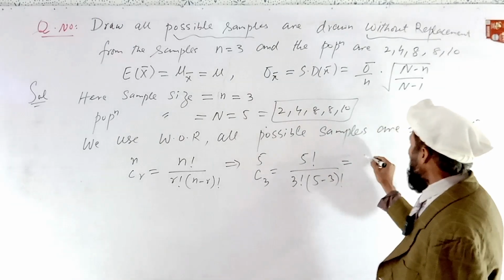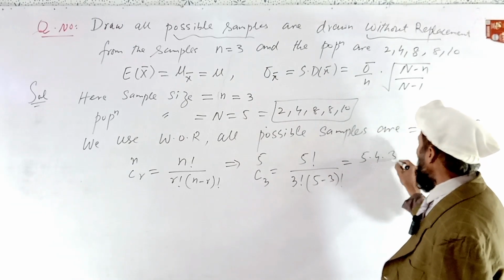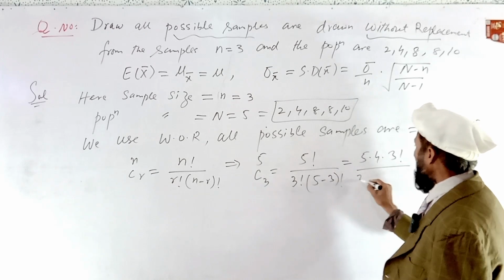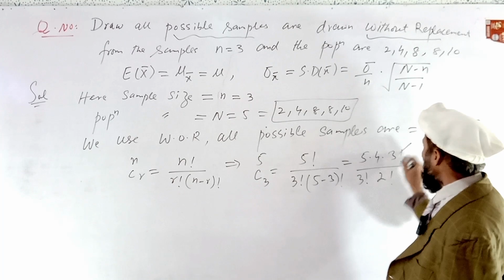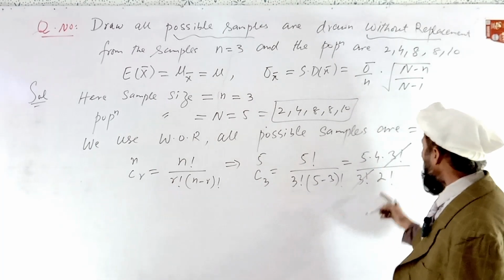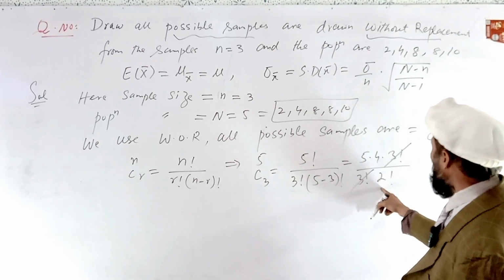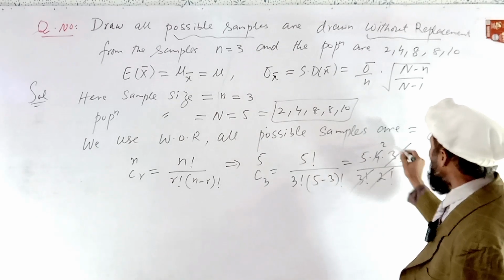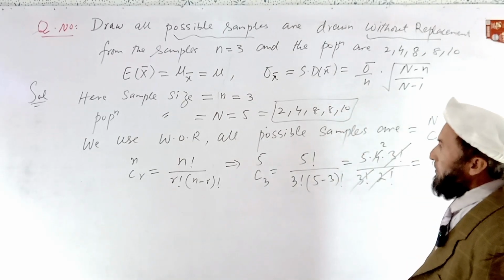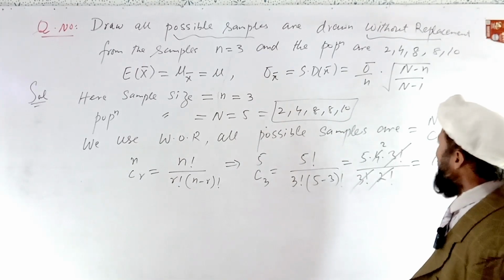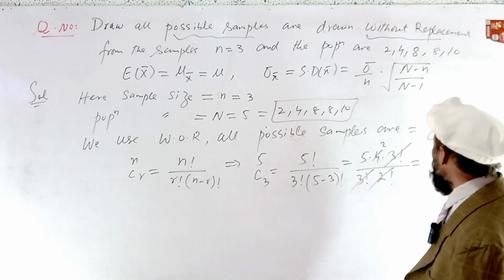Expanding, 5 times 4 times 3 factorial over 3 factorial times 2 factorial. The 3 factorial cancels, and 2 factorial is equal to 2, so we get 10 samples. It means we have found all possible samples.